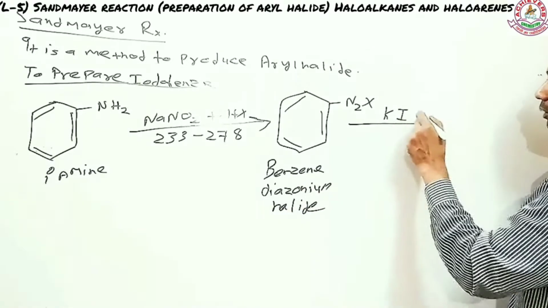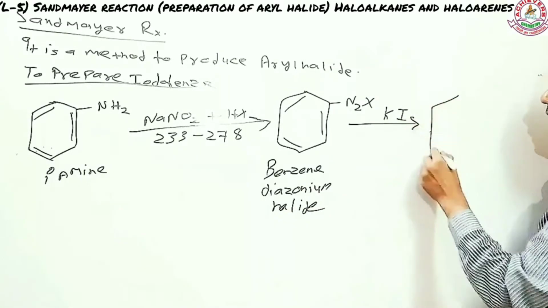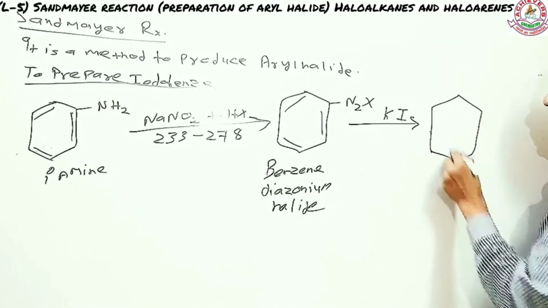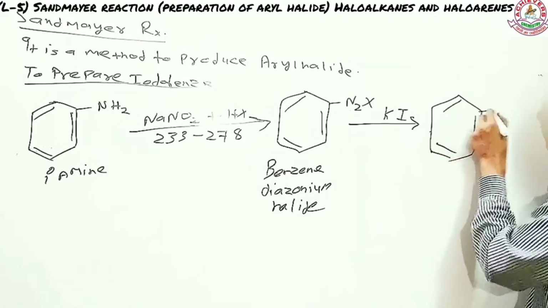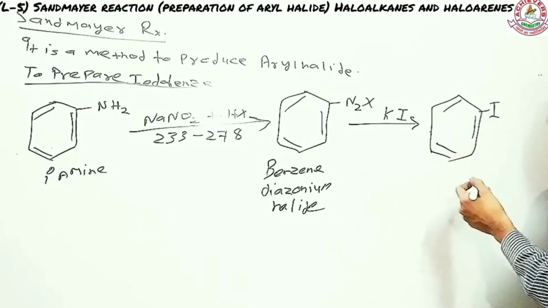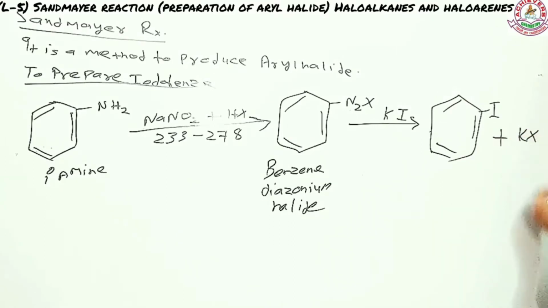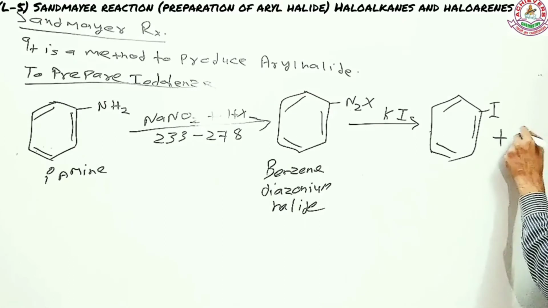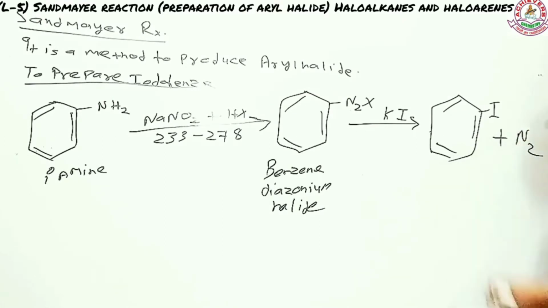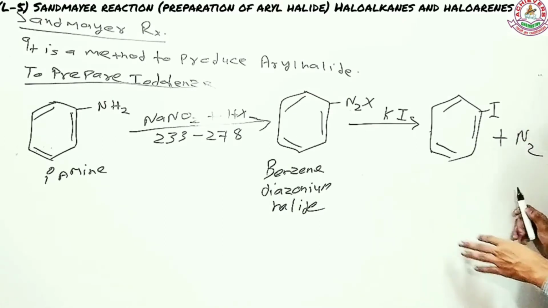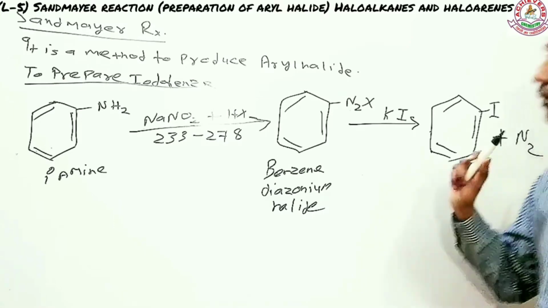So if you react this one with potassium iodide, you will get iodobenzene. Right? And then the byproduct may be KX also. And apart from that, nitrogen is also produced. This is how iodobenzene is prepared by the Sandmeyer reaction.